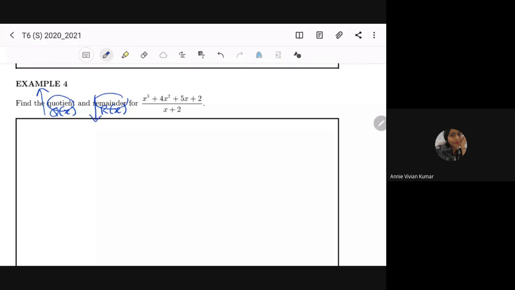So now we write in the usual form: x cubed plus 4x squared plus 5x plus 2 over x plus 2. Okay, to get the first term of the quotient, we divide the highest polynomial term by the highest divisor term. x cubed over x equals x squared. So write x squared on the top. Next, multiply: x cubed plus 2x squared.